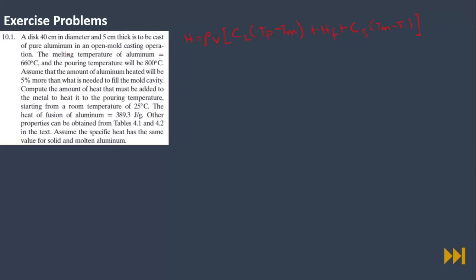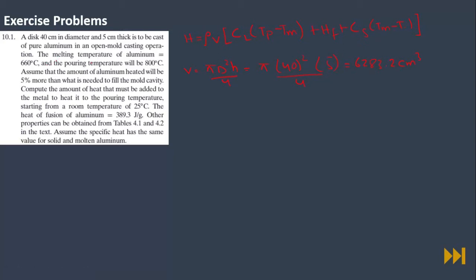It says a disc of 40 centimeter diameter and 5 centimeter thick. So the volume of the disc is equal to pi d square h by 4, and we have pi into 40 square into 5 divided by 4, and that is equal to 6283.2 centimeter cube.